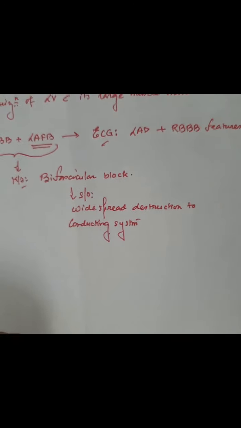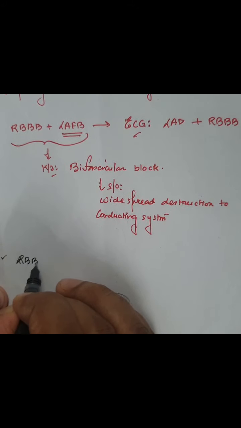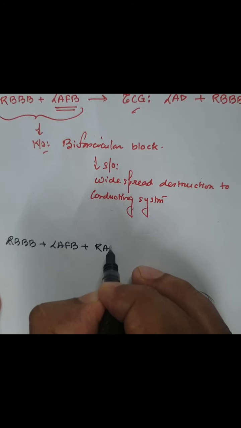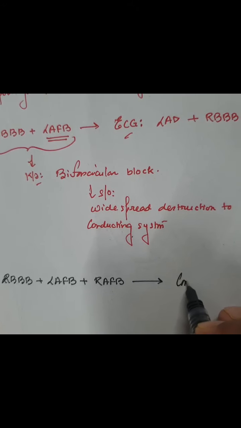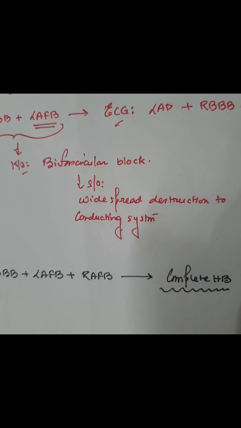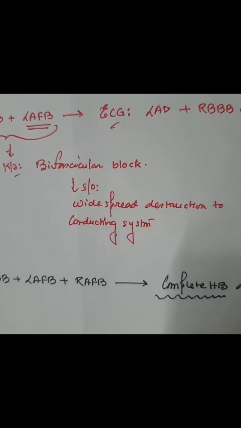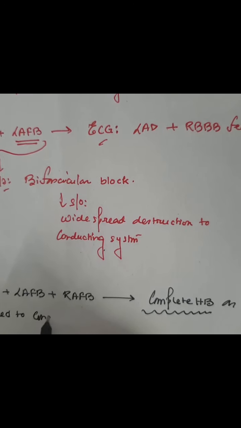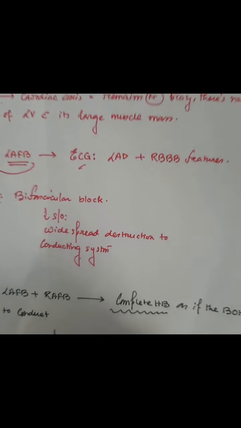Now, if the right bundle branch block occurs with the other two fascicles, like RBBB with left anterior fascicular block plus left posterior fascicular block, it depicts a picture the same as complete heart block, as if the bundle of His failed to conduct the electrical impulses from the AV node to the ventricular muscles.